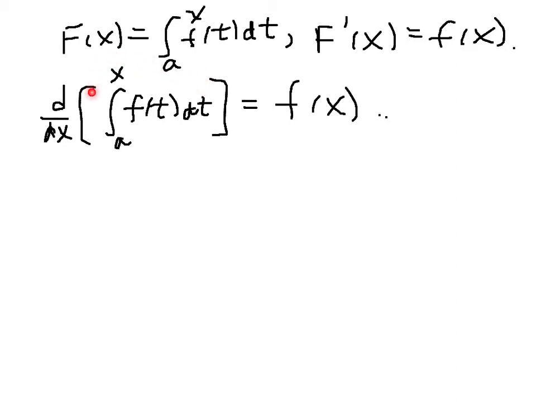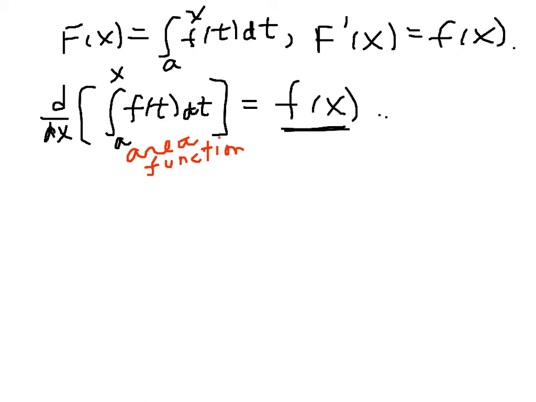This piece right here is what we call, and let's write it out, an area function. And what this is telling us is that the way the area function is changing is exactly equal to what f of x is. Which makes sense. The bigger that f of x is, the bigger the area is changing. The smaller f of x is, the less the area is changing.